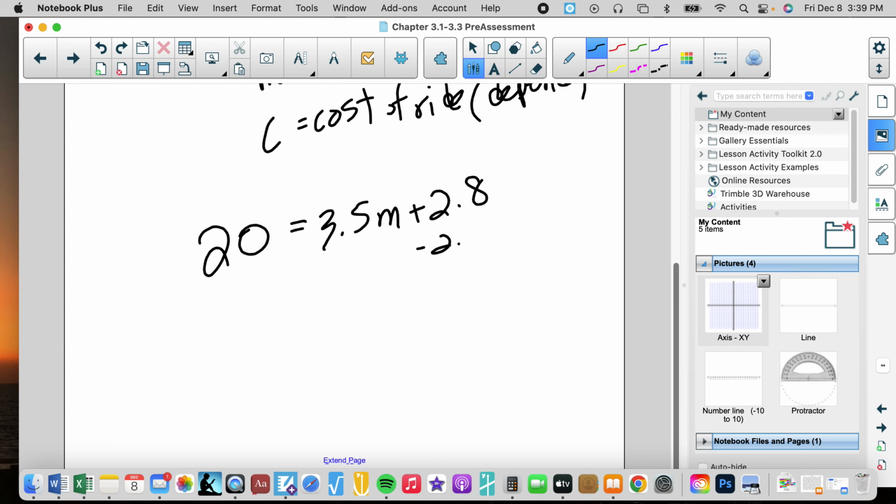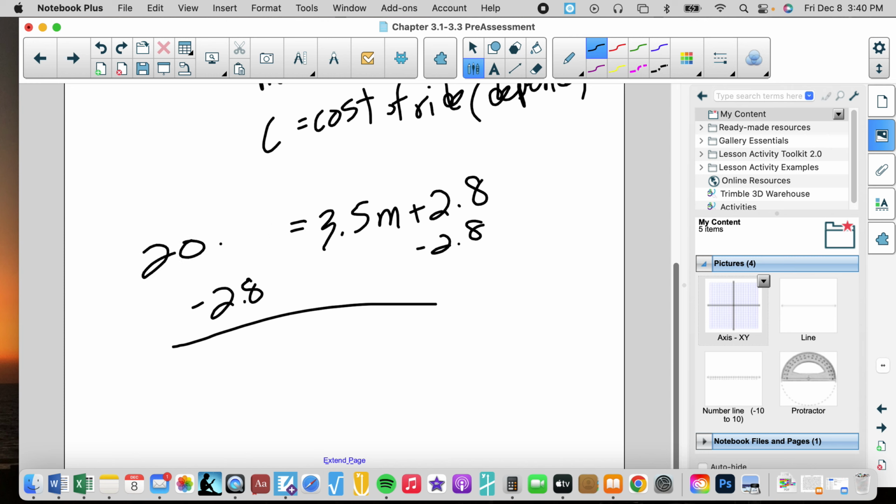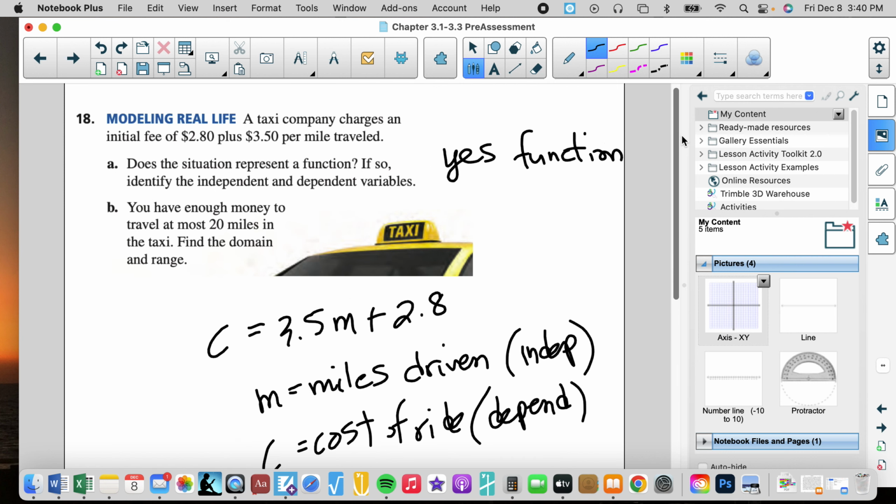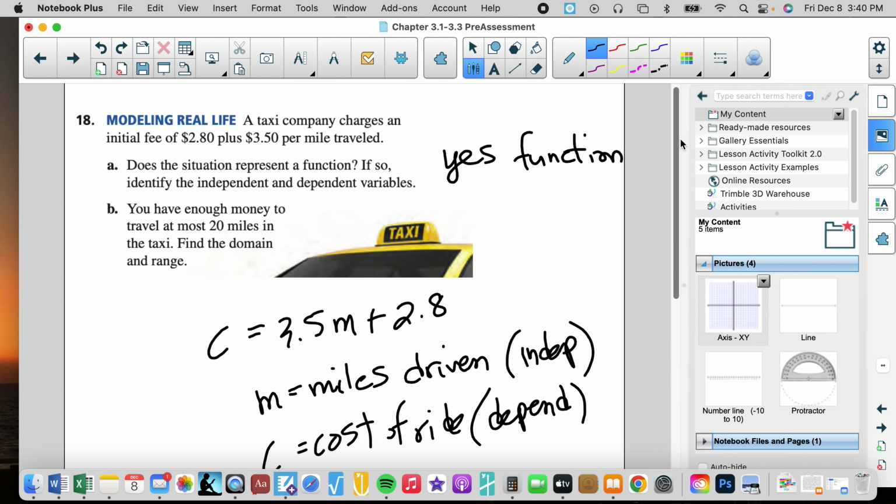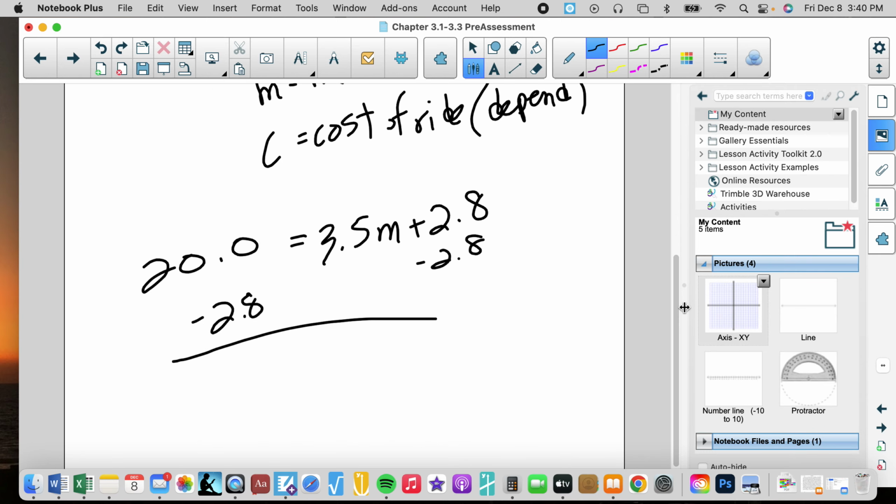We can minus 2.8 on both sides. I'm thinking about this as I write. You have enough money to travel at most 20 miles in the taxi. Find the domain and range. So I can travel less than 20 miles, or I can travel up to 20 miles.